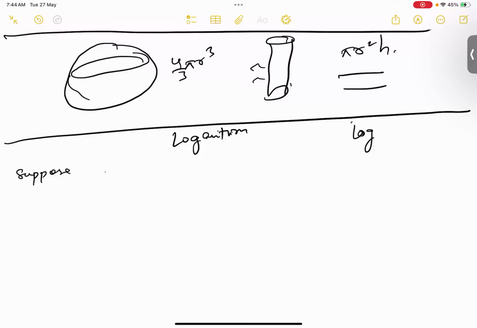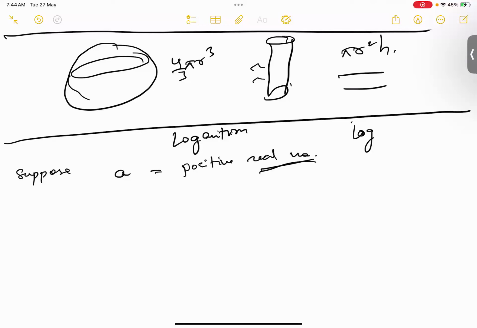There is a number, which is a, and this a is any positive real number. So we know what a real number is, right?